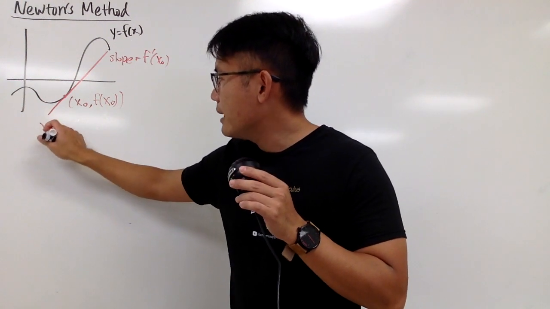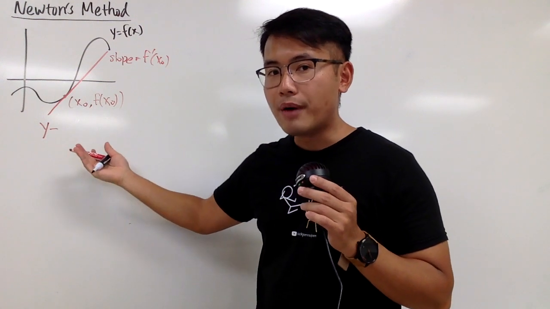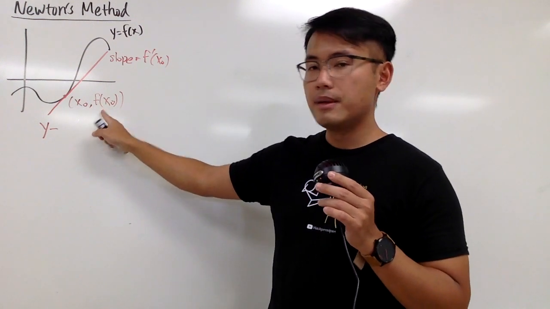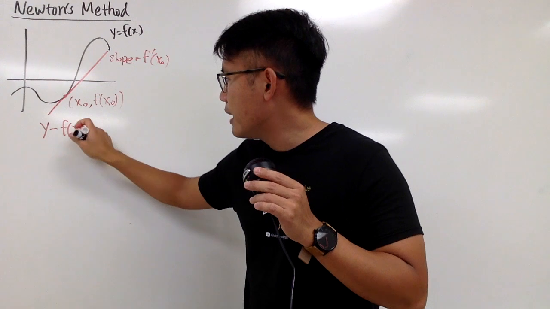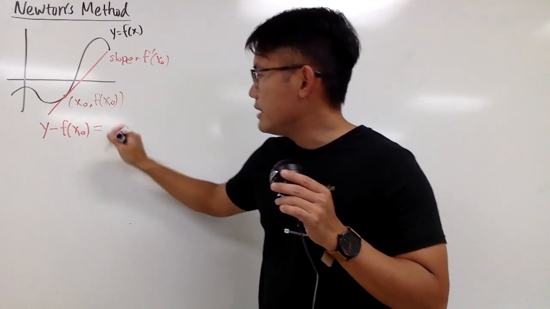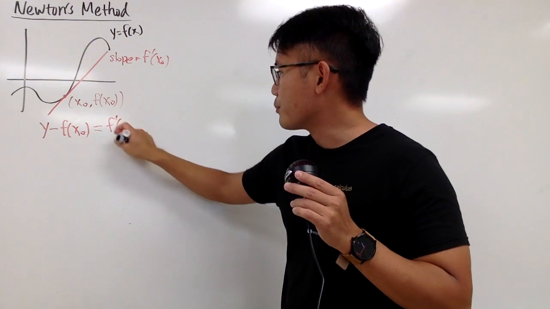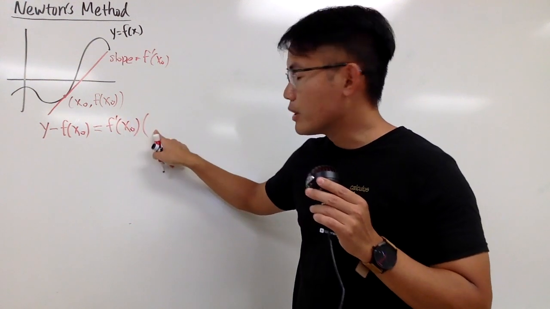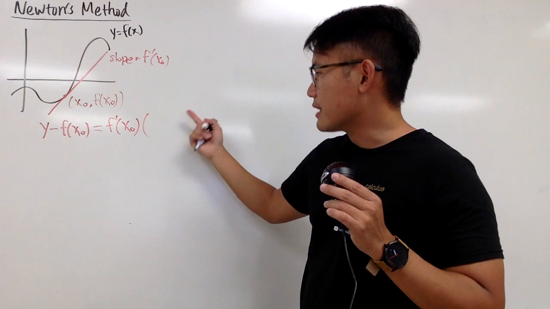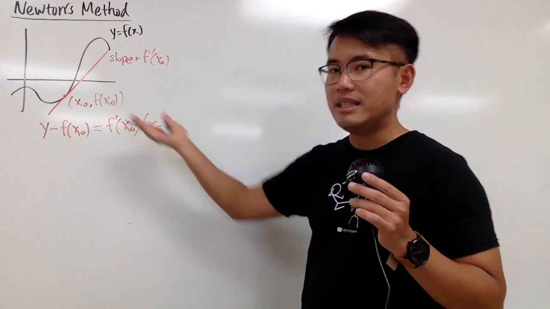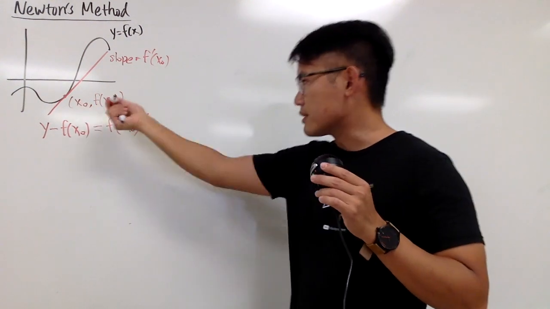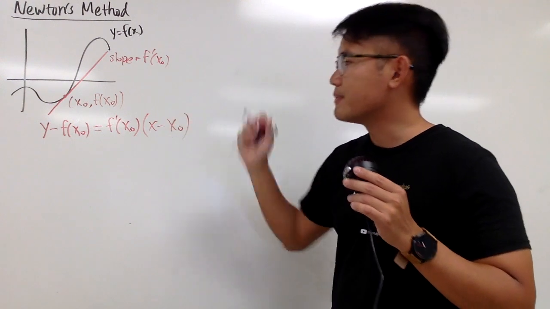We have y minus the initial y value, which I will write as f of x0, and this is equal to the slope, which is the derivative, f prime of x0, and then we multiply by x minus x1, right? But the x1 is the initial x value that we have, which is x0 in this case. Let me just put that down.